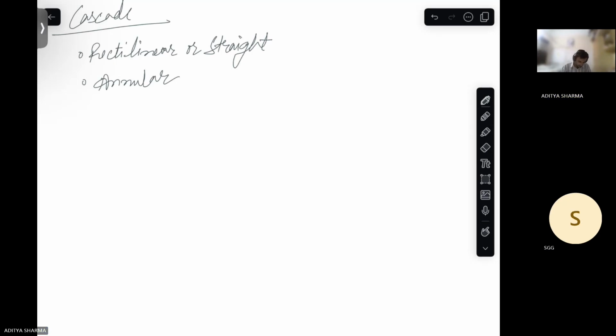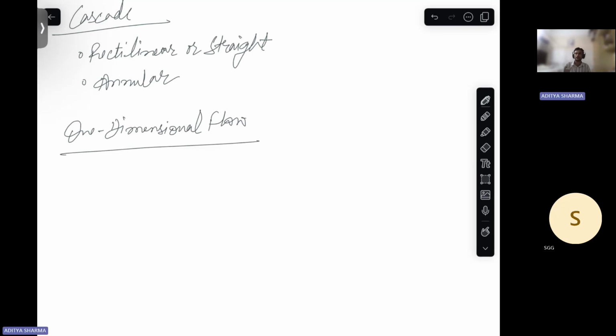Till now, the discussion we had is considering that this is one dimensional. There is no dimensionality in it. So we are not considering the arrangements, the number of blades that are there and how flow moves in between these blades. So we are not considering that, right?